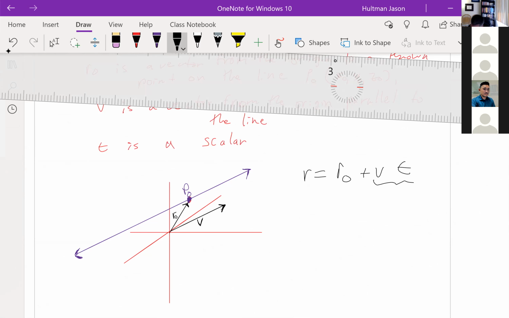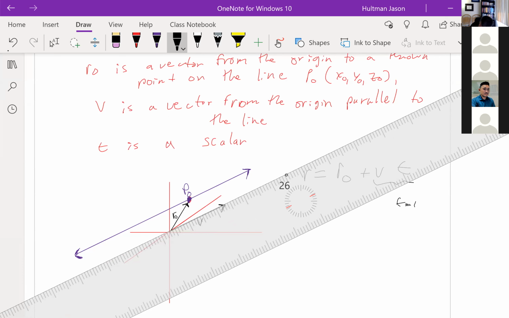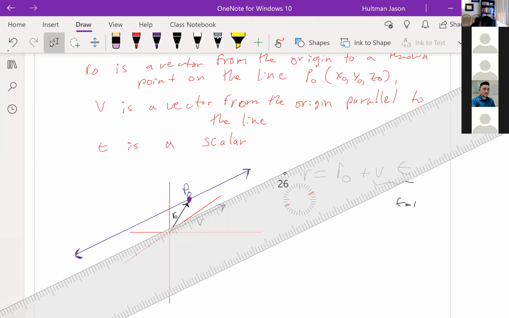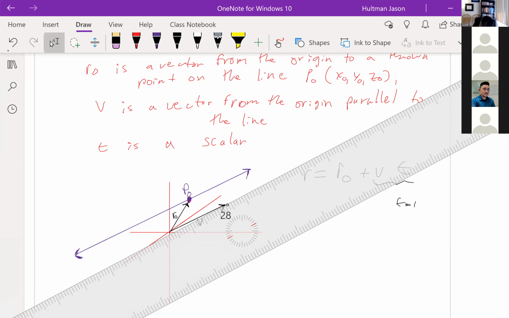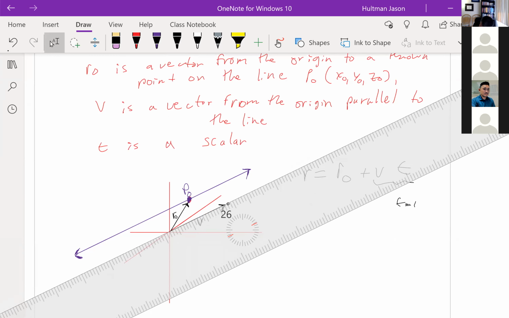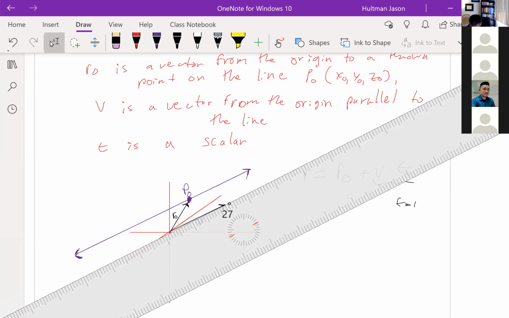If I let t equal 1, then what is this going to look like? Well, it would look like this. I would get P naught, and then I would get VT to be exactly the same length as V. So what is that length about?